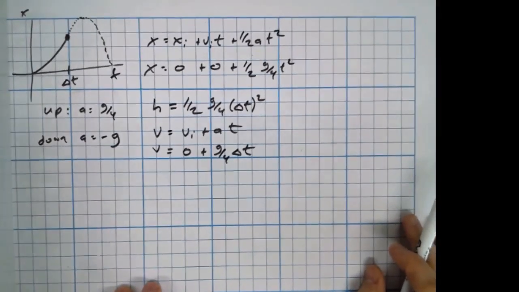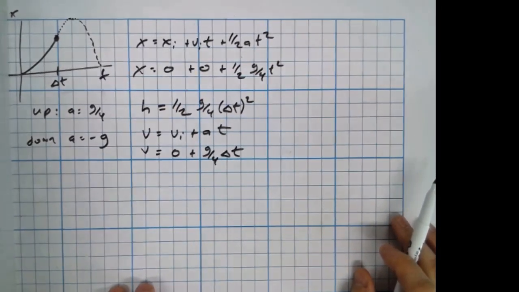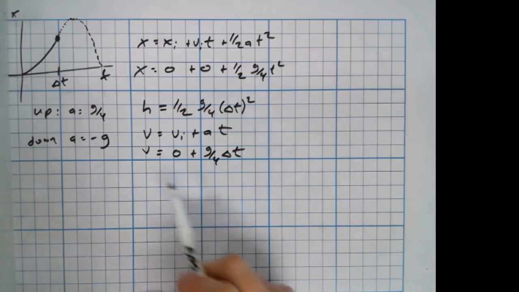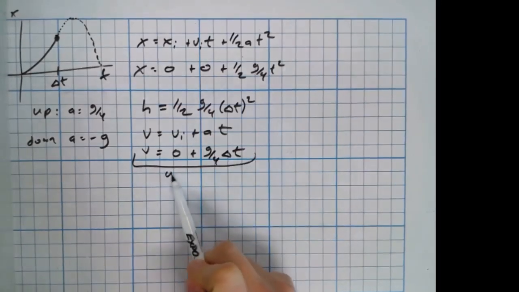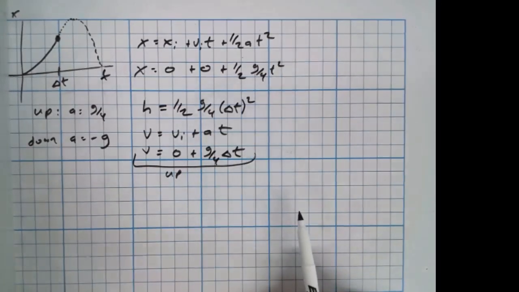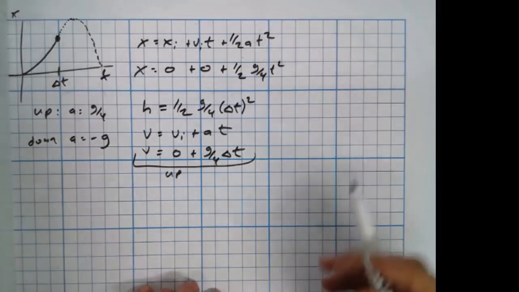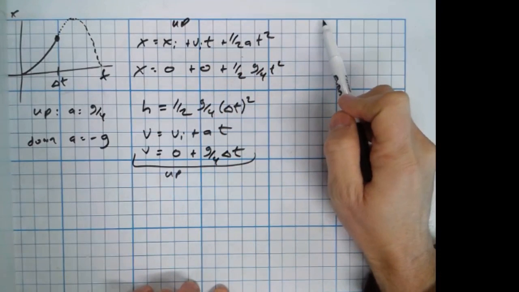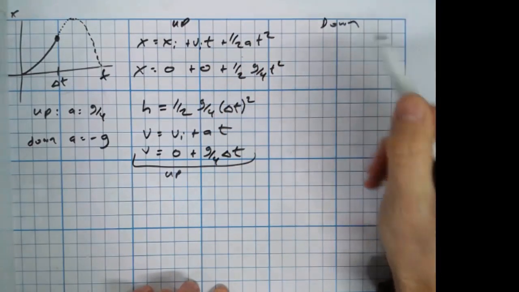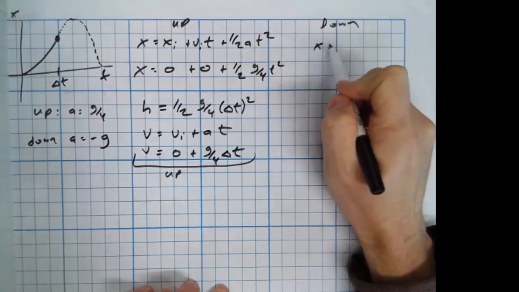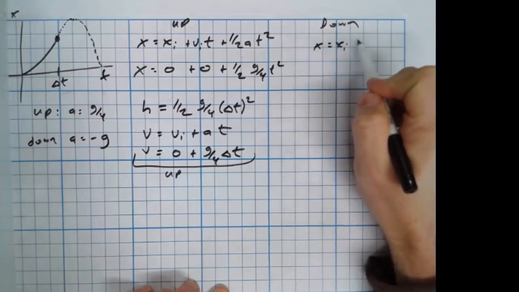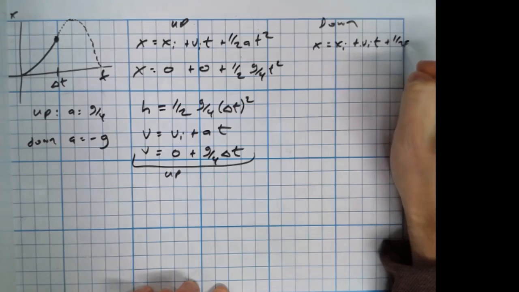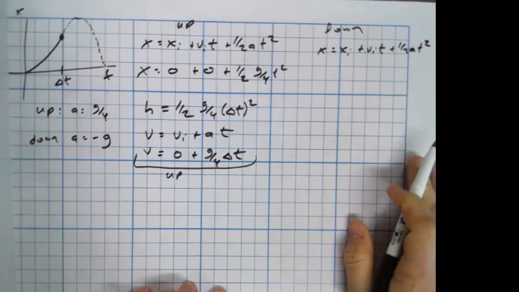All right, so those now give us two initial conditions for our starting point for the downward trip. So this is from the up, but those serve as our starting points for the way down. Okay, so down. So we have another position function, x_i plus v_i t plus 1/2 a t squared.